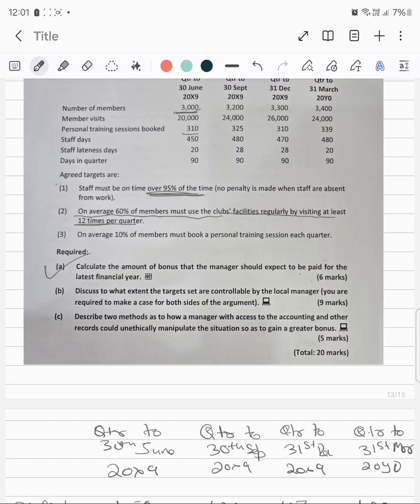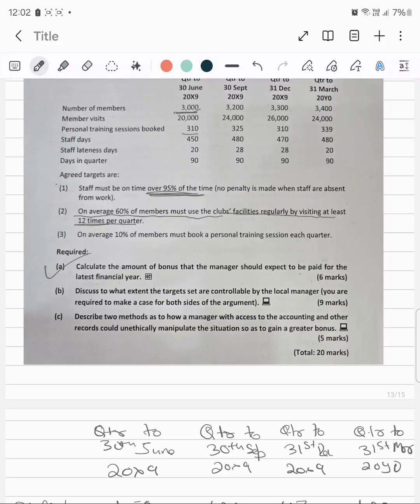So the manager also has control over the price, right? If the bookings fall, they are able to reduce the price or make a special offer to encourage use of the facilities. On the other hand, personal training sessions may be seen as a luxury by the customers. In times of financial difficulty, they are expendable.